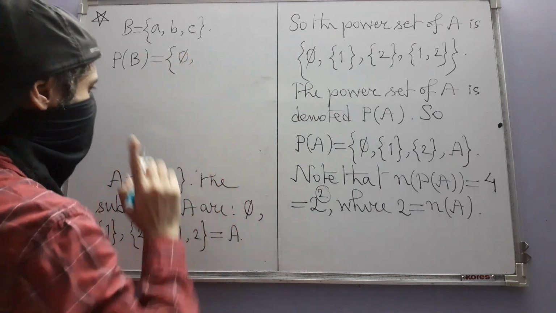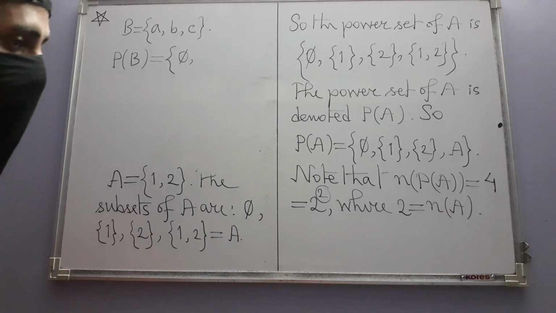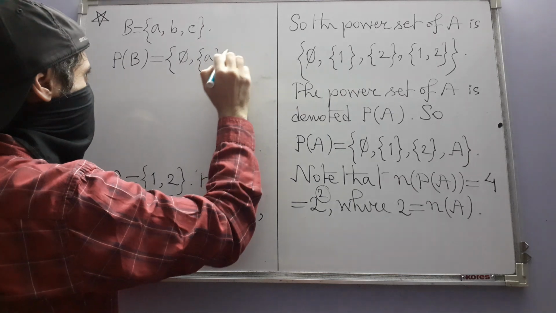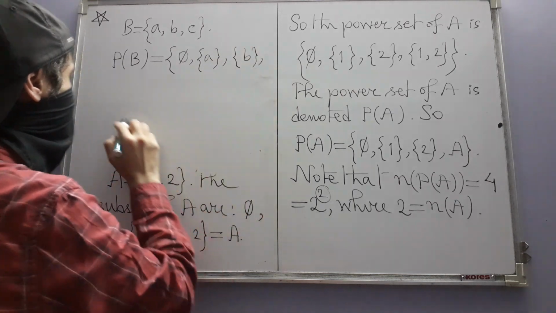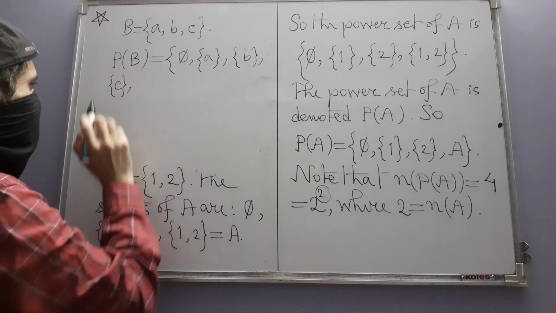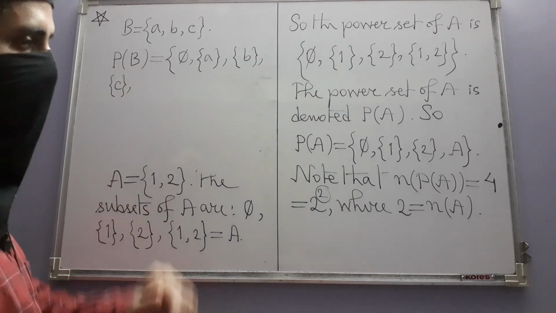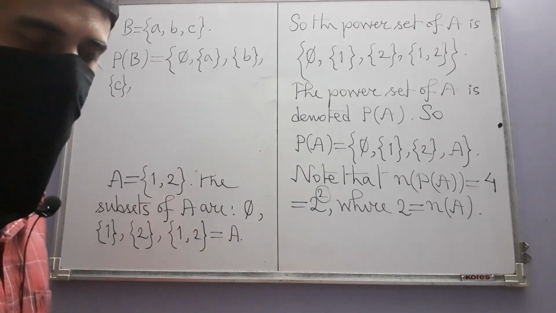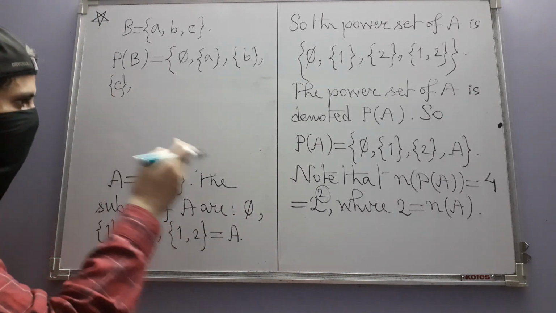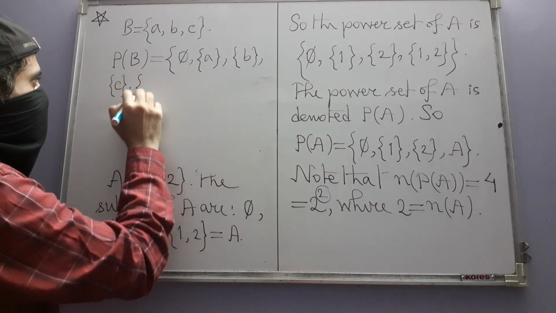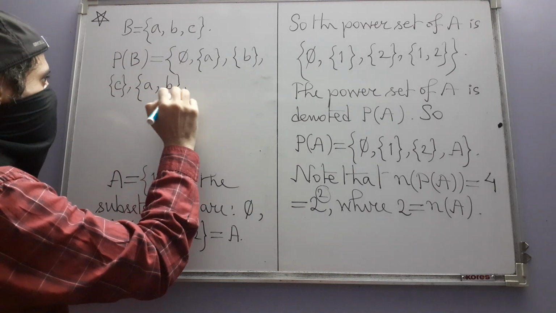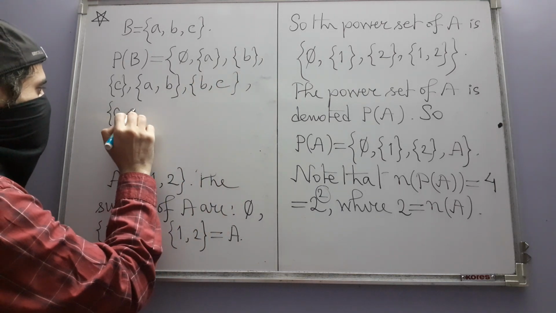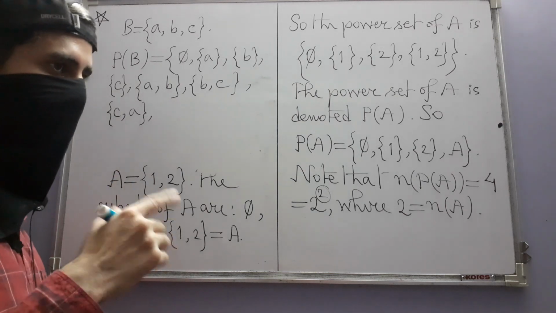Okay, and then we go for the non-empty subsets. You have the singleton subsets, so you write them first. In other words, while finding the subsets of a given set, we increase the element number, and that way we find all the subsets. What are the 2 element subsets of this set? ab, bc and ca. What are the 3 element subsets?